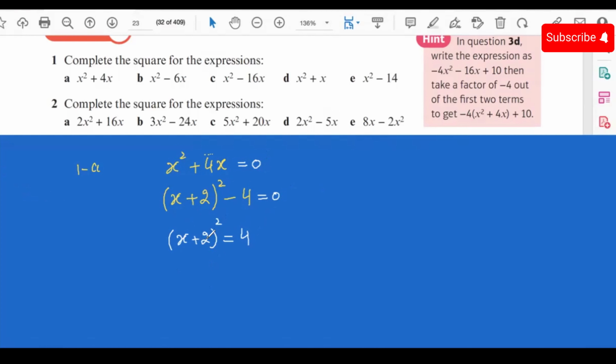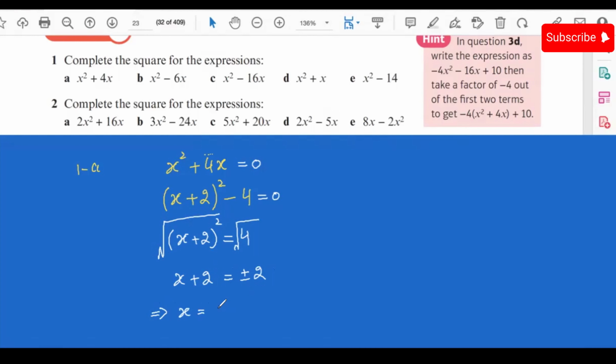Now to remove this square, we take the square root of both sides. Then we get x plus 2 is equal to the square root of 4, which is plus or minus 2.